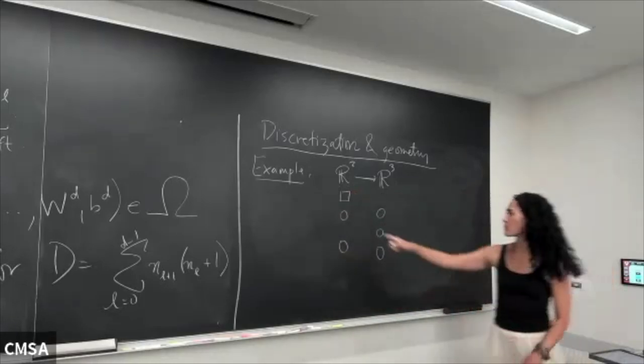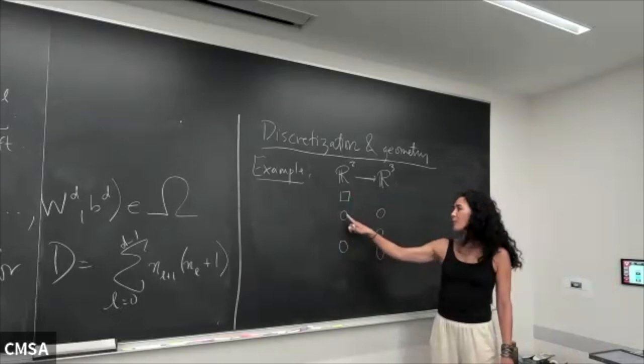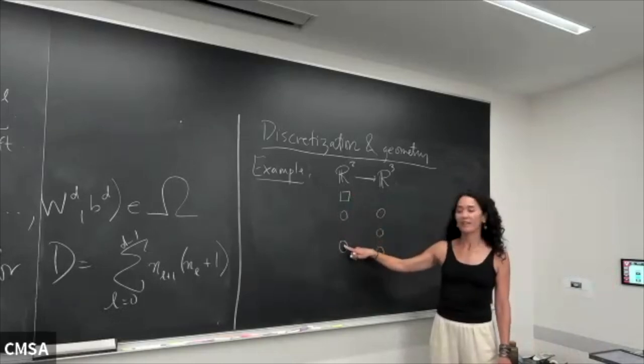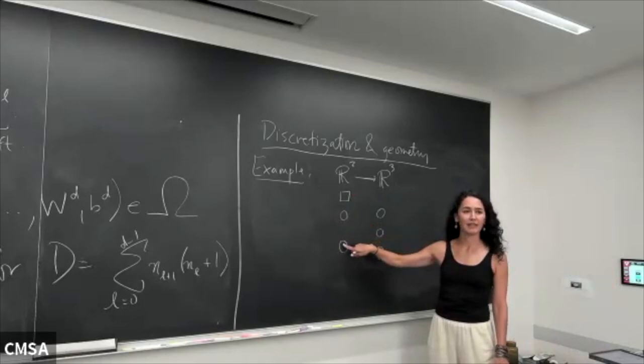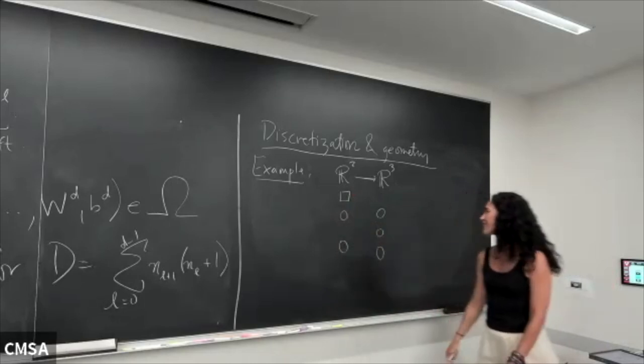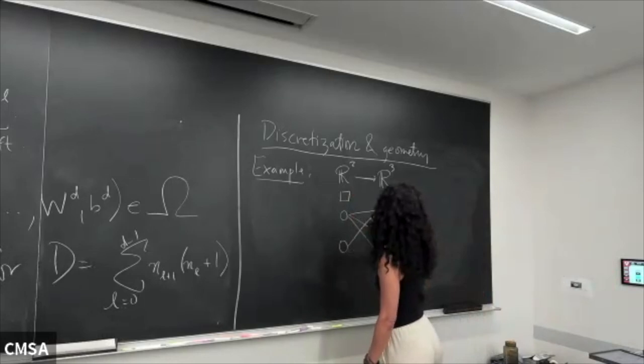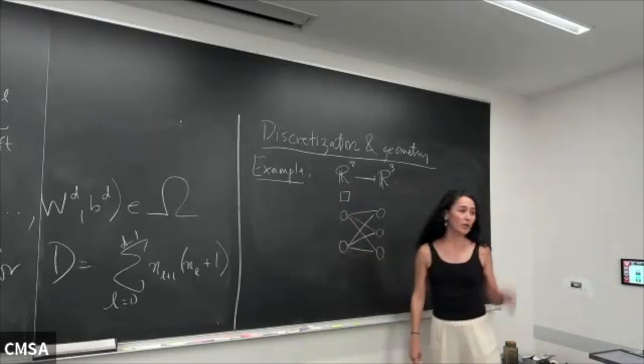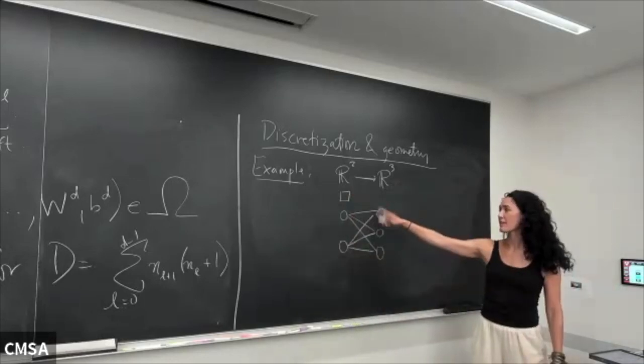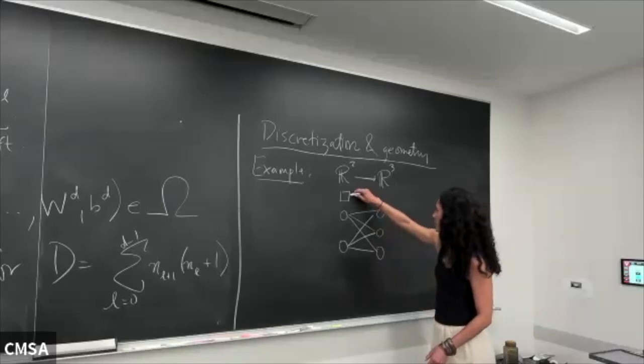Typically what people do is record the components with these circles, which are neurons, and you can imagine these being variables, and then record the parameters of the network by recording weights and biases.